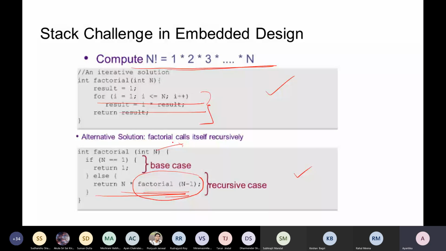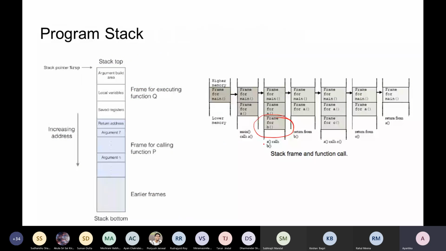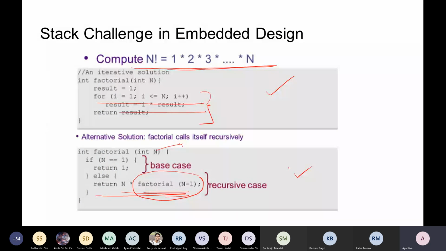But beyond a certain threshold, if your n is too high, you can understand the number of frames will grow continuously, and since n is too high, the memory in your embedded processor may not be sufficient to handle this type of code. So in spite of having done everything right, just the way of coding you have chosen in your software domain may lead to failure of your actual software execution.